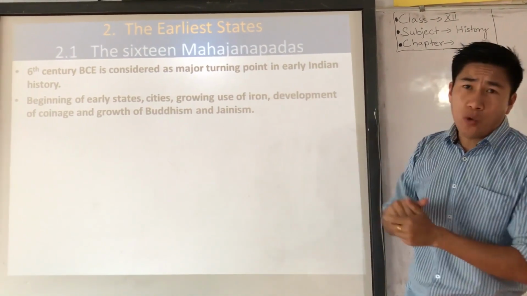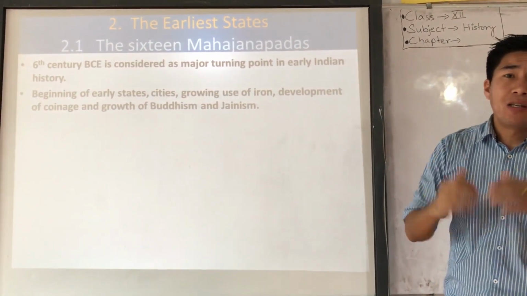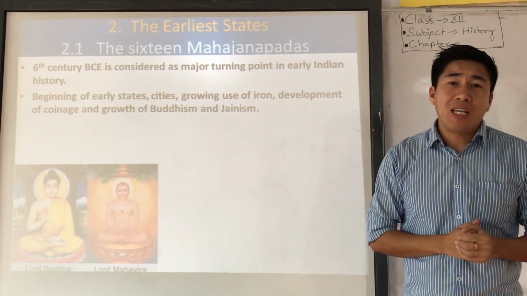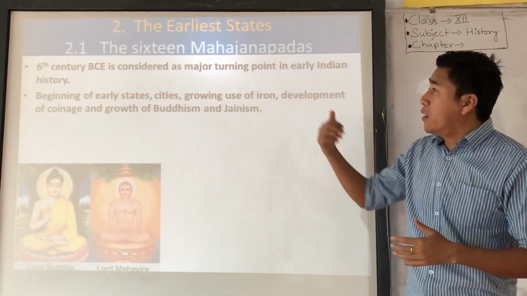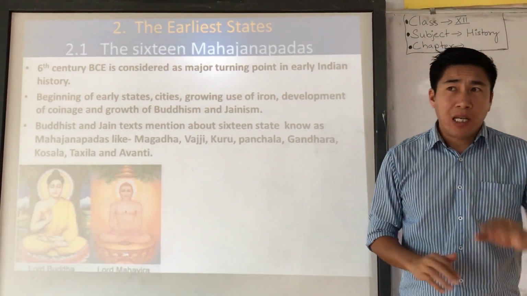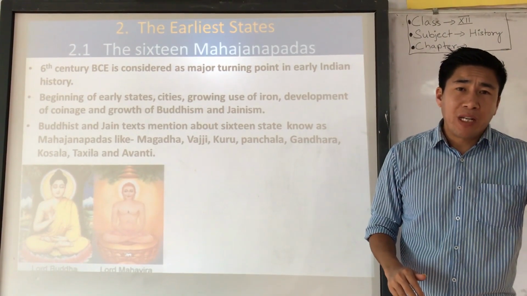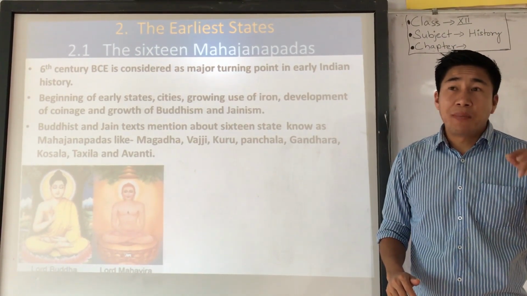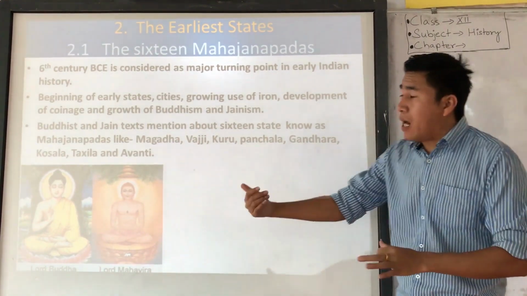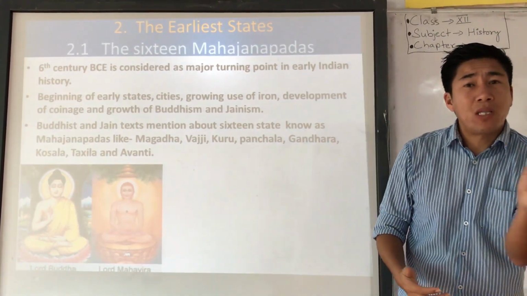Now we are going to discuss the Mahajanapadas. As I told you before, Buddhist and Jain texts mention 16 Mahajanapadas. Buddhist texts, like the Vinaya Pitaka, Sutta Pitaka and Abhidhamma Pitaka, mention 16 Mahajanapadas. And the Jain text, we call it the Bhagavati Sutra.